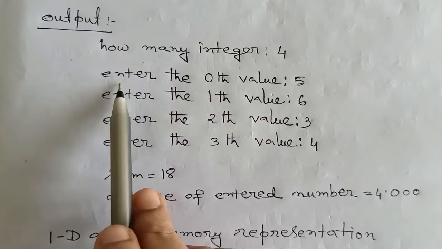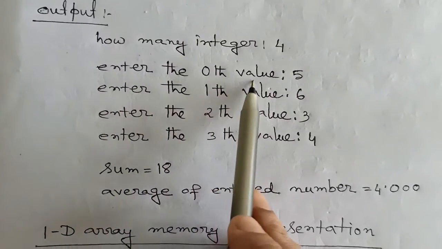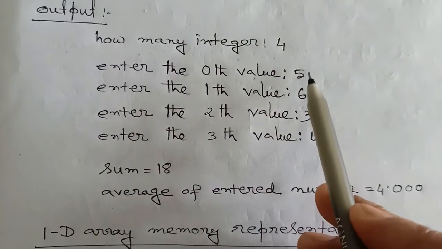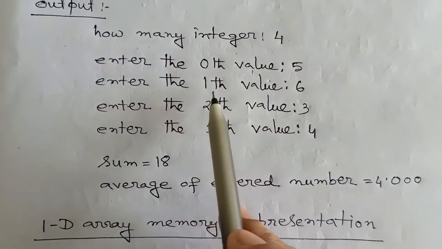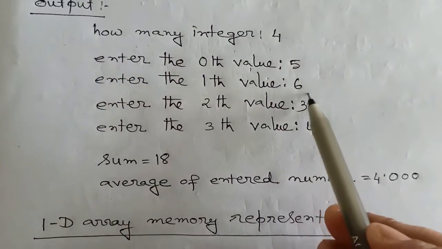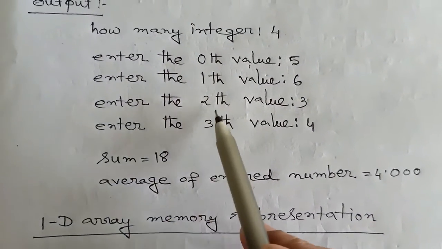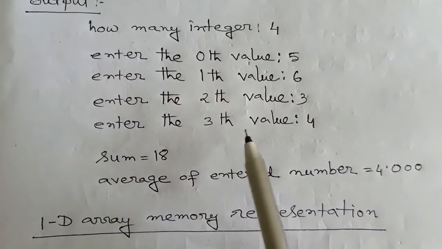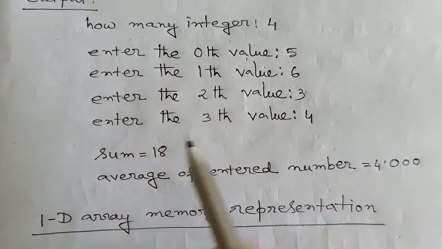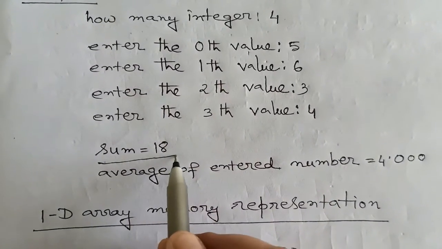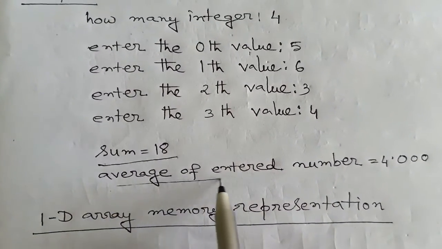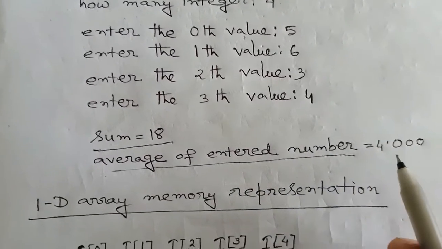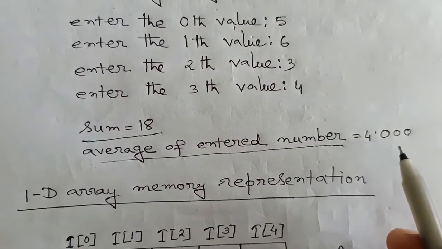Next, enter the 0th value: we put 5. Enter the 1st value: we put 6. Enter the second value, that is 3. Enter the third value, that is 4. So sum equal to 18 and the average of the entered numbers is 4. Okay.